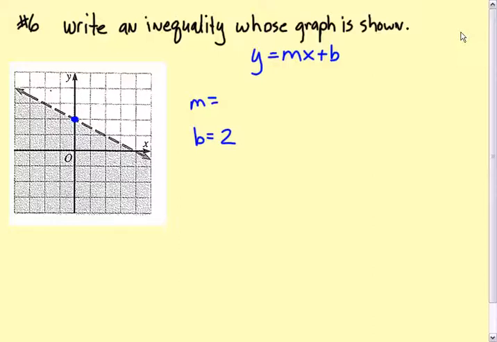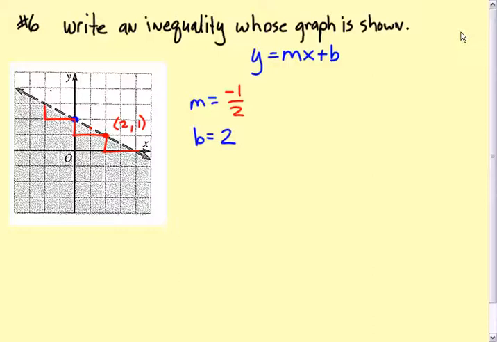So here, I can't really use that one because it looks like the x is 1, but the y may be 1.5, I think. It looks like that one goes right through a nice point, which is 2, 1. Okay, that looks good. So my slope is down 1 over 2, back 2, up 1. Okay, so my slope is down 1 over 2.